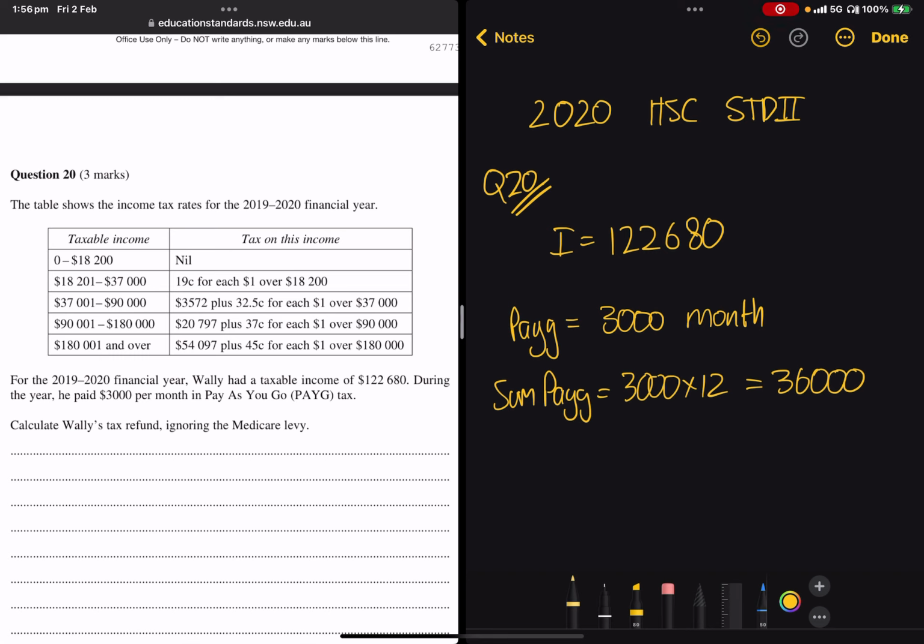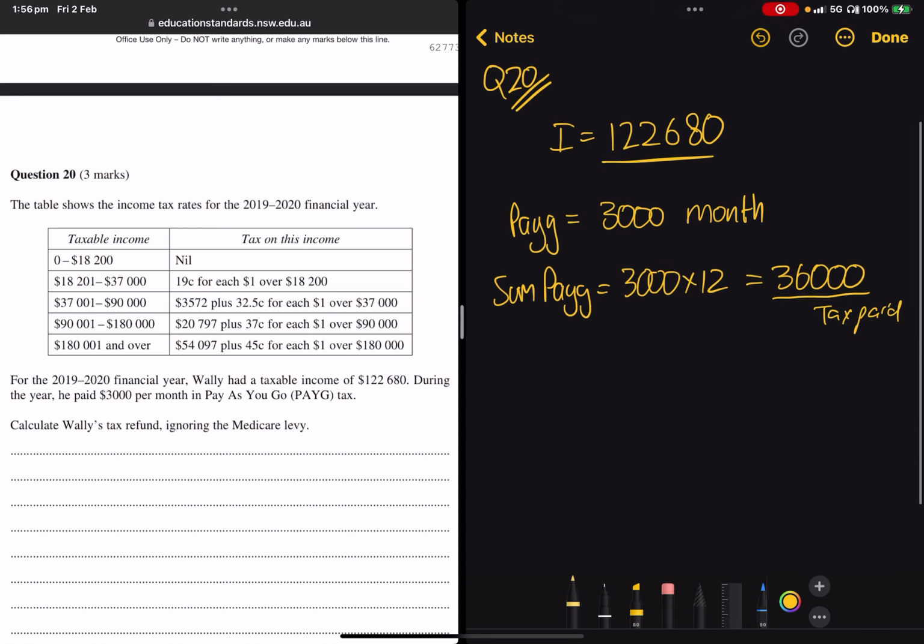So this is the tax paid. This is the income. So what we need to do is work out how much tax he should have paid. We need to find the difference between the amount he should have paid and the amount he did pay. And then the difference will either be the tax owed or the refund. The question uses the word refund, so it's very likely it's going to be a refund. But that's what we're going to be doing here.